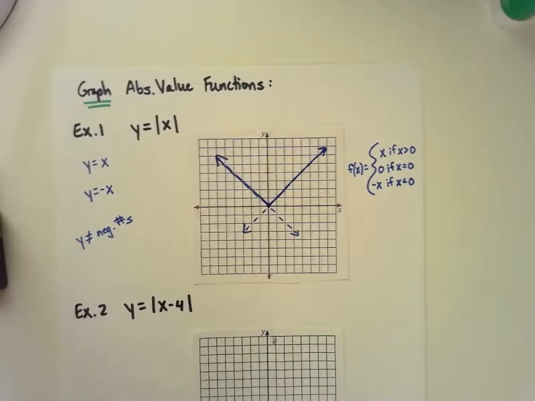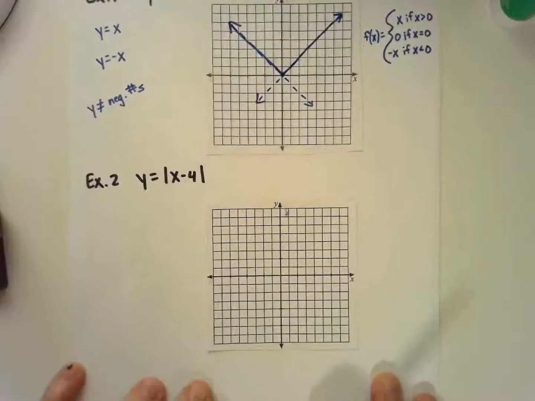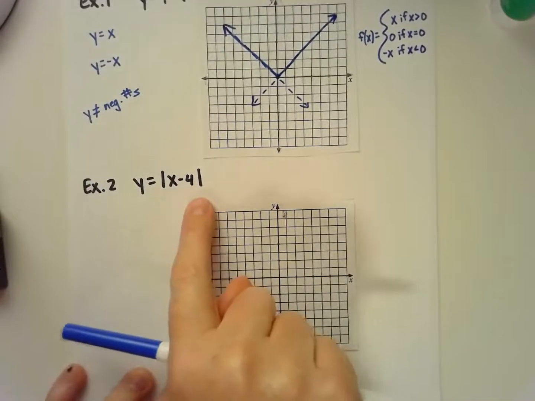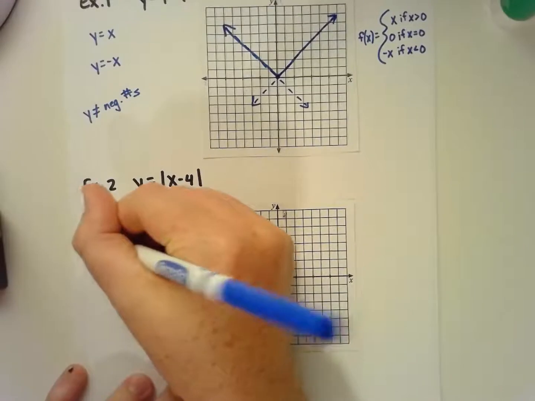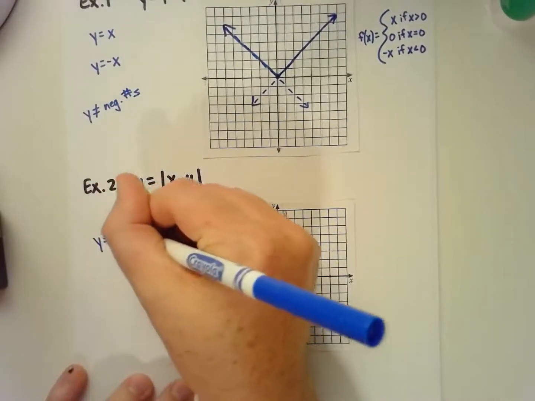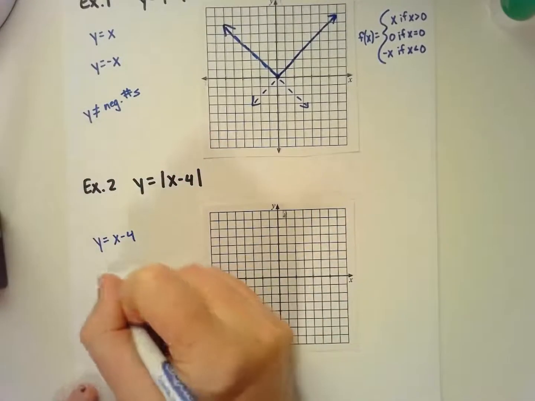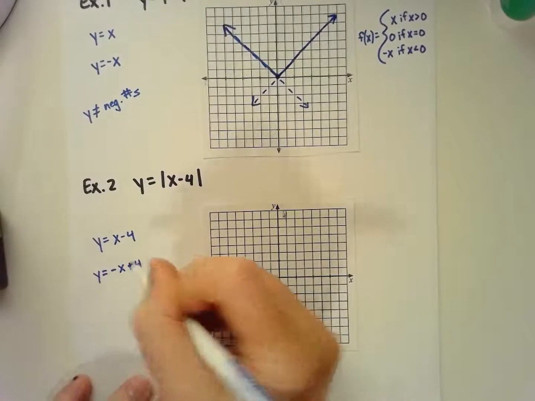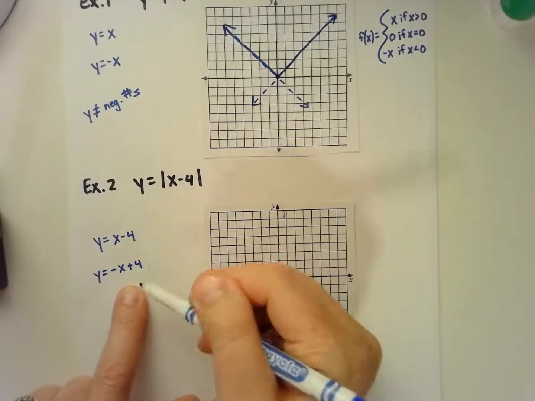Let's do one that's not just the parent function, but has a little bit more to it. So if we have the absolute value of x minus 4, we're really looking at graphs of the positive, like what it looks like, or the negative, so change your signs. So treat it like it's the complete opposite.